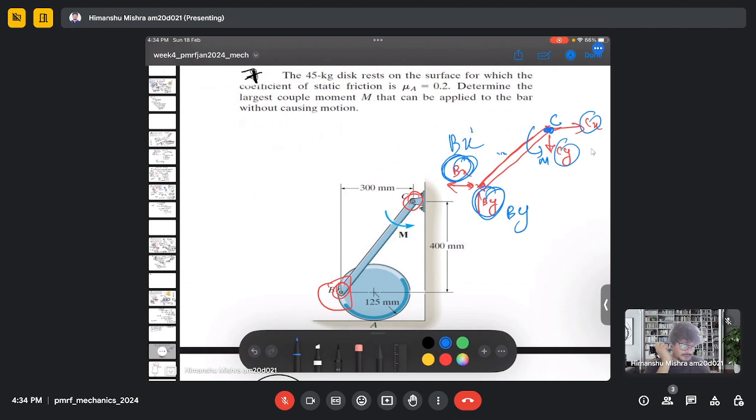So we already know then the value of Bx and By, and by doing the moment balance analysis, we can actually calculate this unknown moment M.